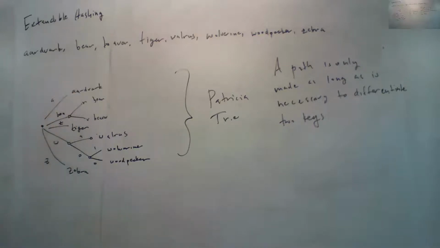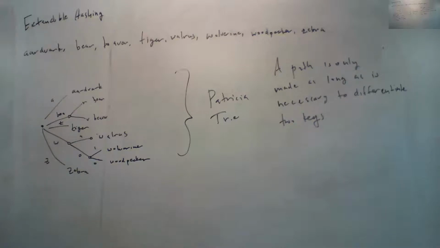Okay, and we're going to use that exact same kind of strategy when we start working with extendable hashing. So we're going to start with a very small table that uses a very small piece of each key. And as we add more keys and that small piece is no longer able to differentiate amongst the keys we have, we're going to have a very effective way of increasing the size of the table without having to do any reorganization, so that we can continue to differentiate amongst the keys that we're actually storing.